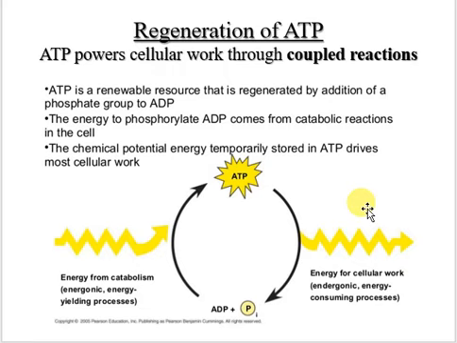So the cell is not losing or coming into debt as far as energy expenditure. And then that product of ATP can be broken down to release energy, and that energy can be used to drive cellular work or drive endergonic or energy consuming processes. So again, a very beautiful system, a cyclic process that allows for the synthesis of ATP in a very energetically efficient way.